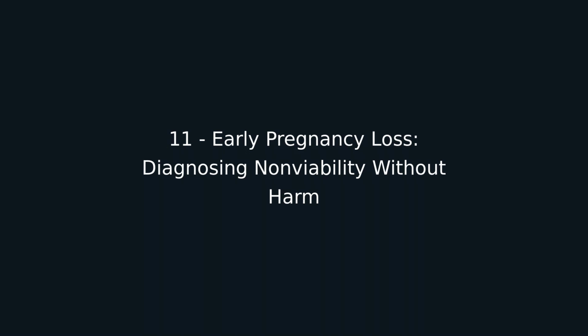History and examination still matter, even though ultrasound carries the diagnostic thresholds. Ask about the amount of bleeding, clots, tissue passage, pain location, pain severity, dizziness, syncope, shoulder pain, fever, and prior ultrasound documentation. Ask the last menstrual period, but do not let the last menstrual period override a cautious scan.